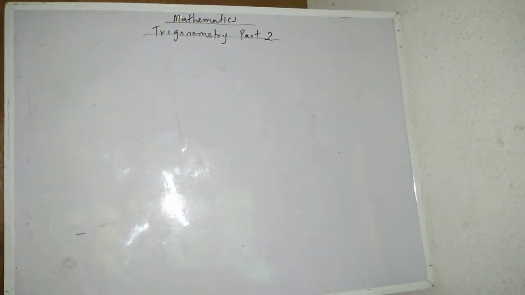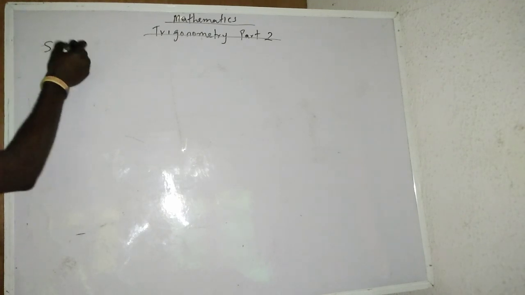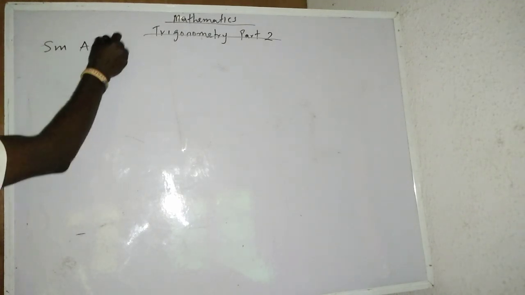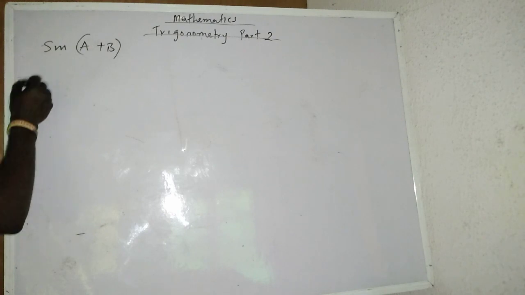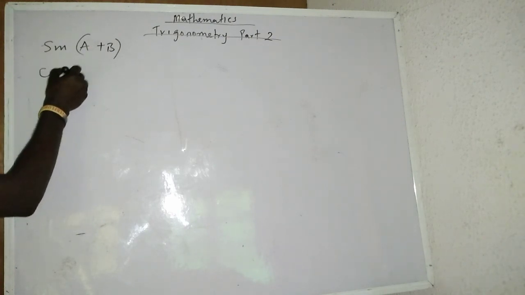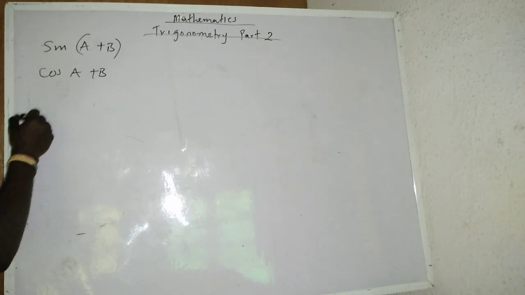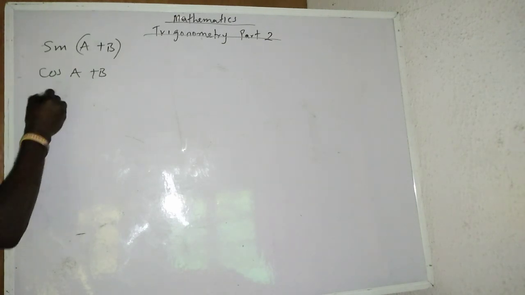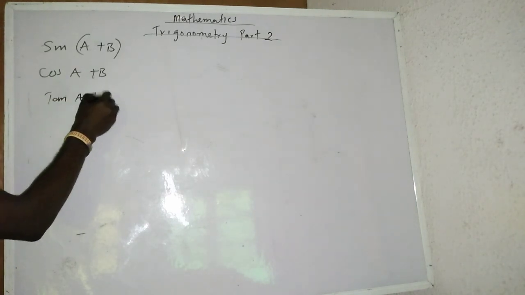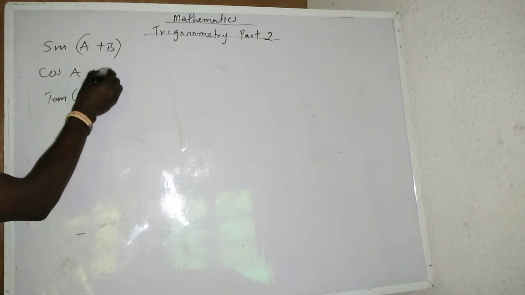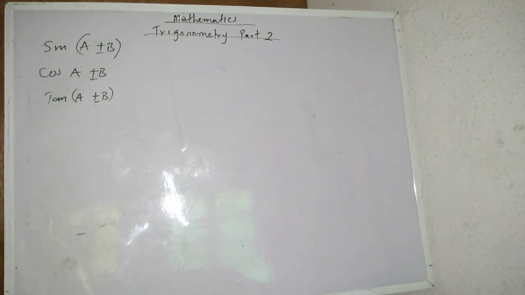If I'm talking about compound angle, I have sine of A plus or minus B, cos of A plus or minus B, and the last one I have tan of A plus or minus B. If I have this type of problem, they are compound angle. There is proof for it, but I don't need to prove it now.